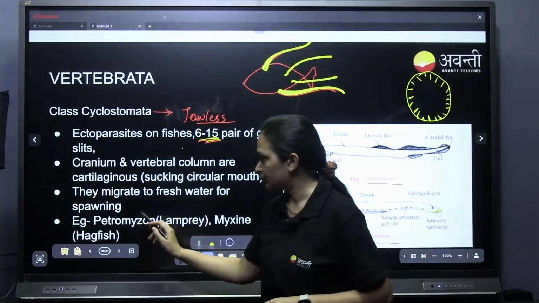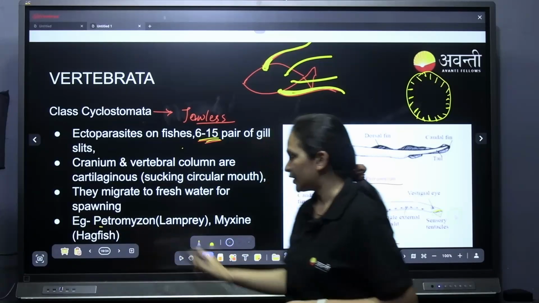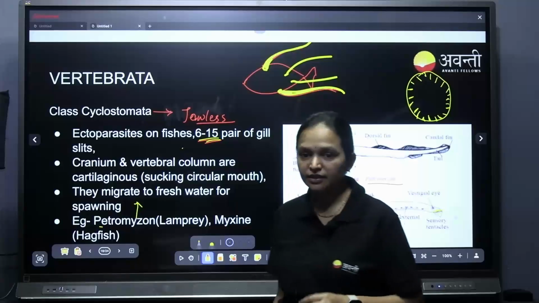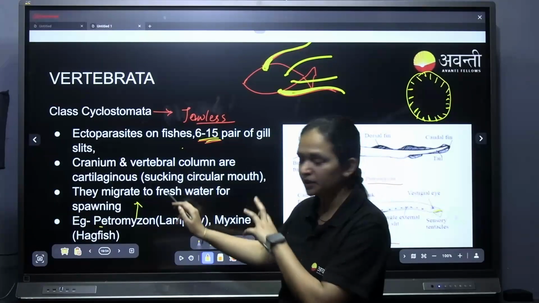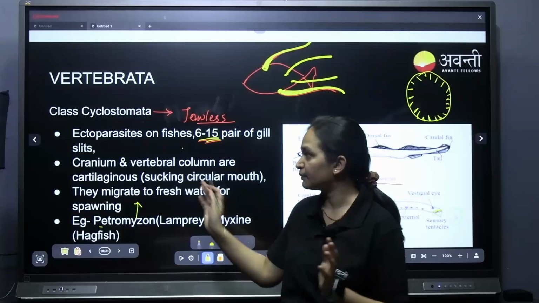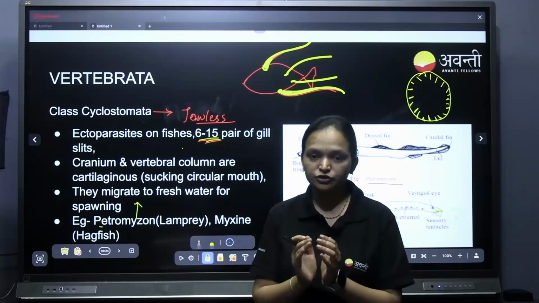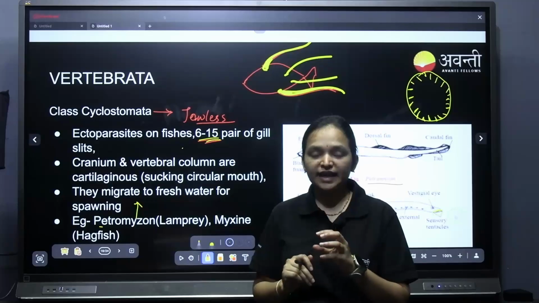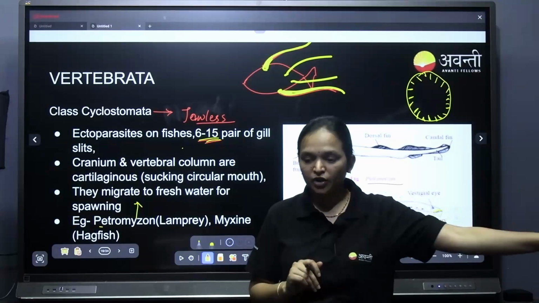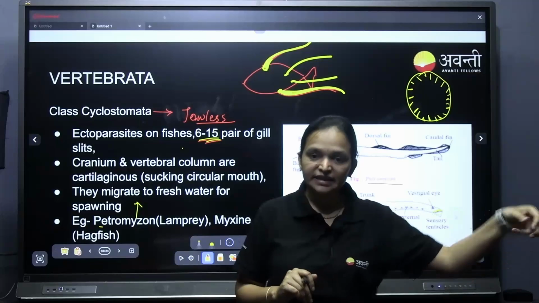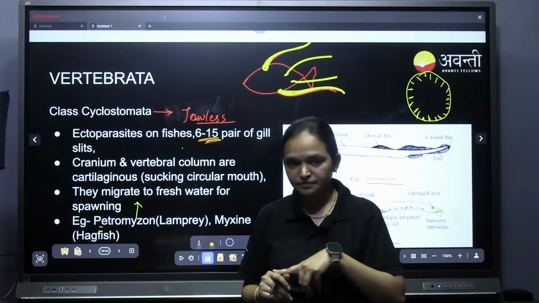One important example is petromyzon. What does this petromyzon do? It has a life cycle which is very important. Petromyzons are marine. Most cyclostomes are marine. When petromyzon has to spawn, in the sense when it has to lay eggs, it goes to fresh water, lays its eggs, and comes back.